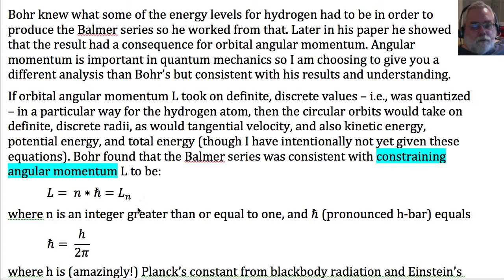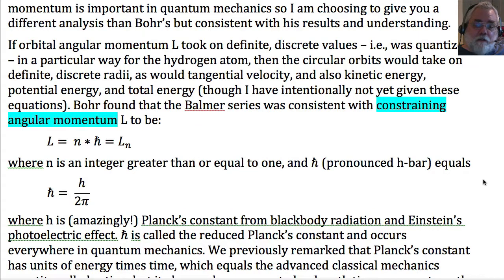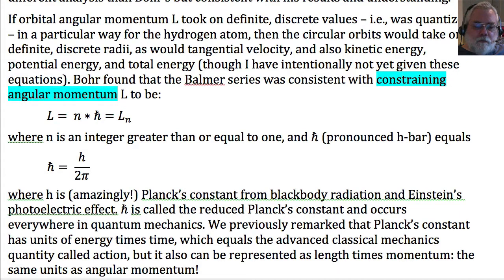and since this depends on an integer n, we will call it L sub n, where n is an integer greater than or equal to 1, and h bar equals h over 2 pi, where h is amazingly Planck's constant from blackbody radiation and from Einstein's photoelectric effect.